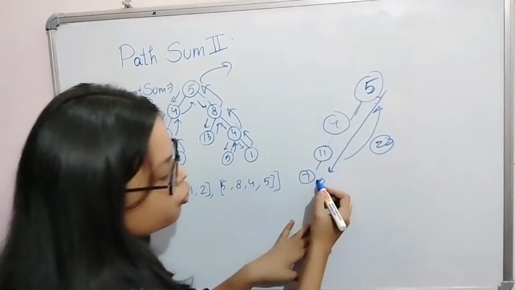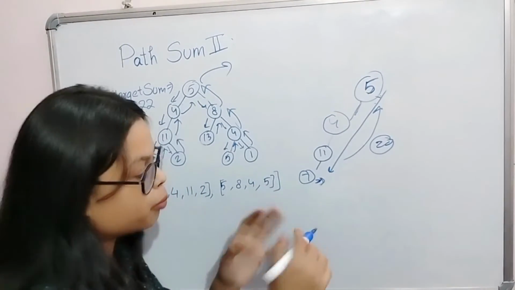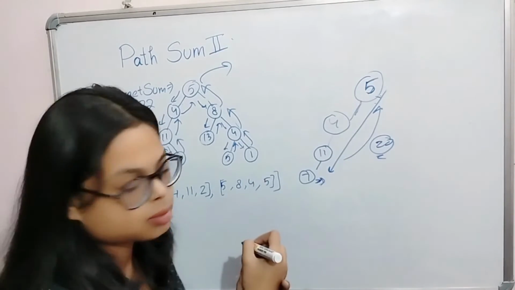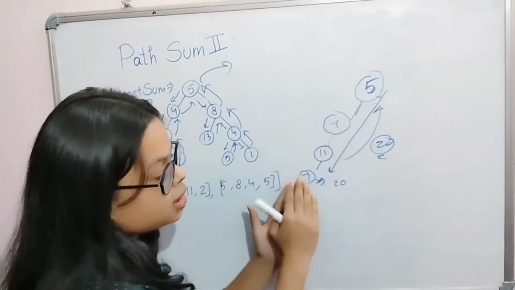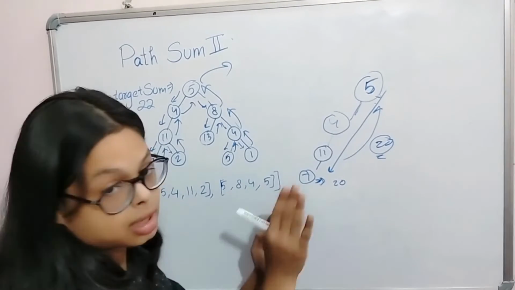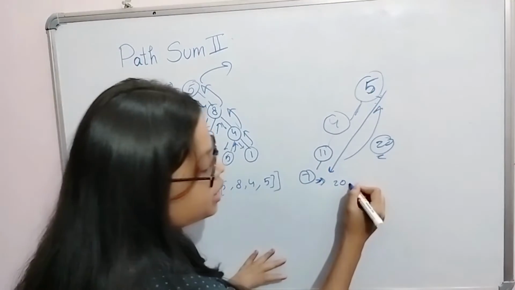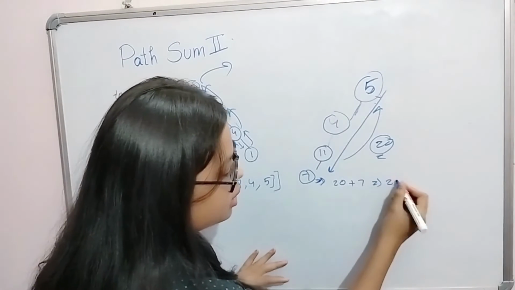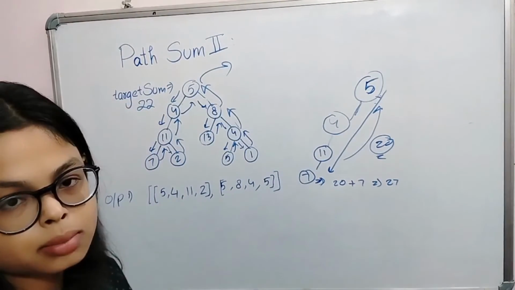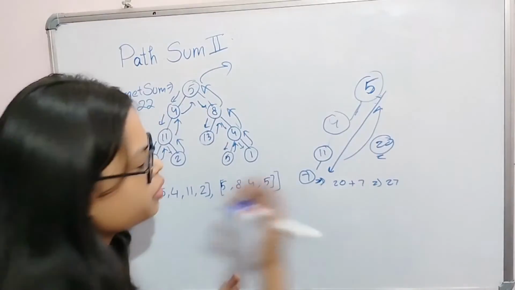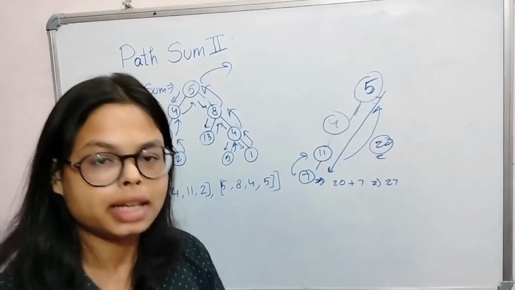Now for 7, I'll add this node's value, so 20 plus 7 will get 27. So is it equal to the target sum? No, it's not equal. So we will simply return back to 11.